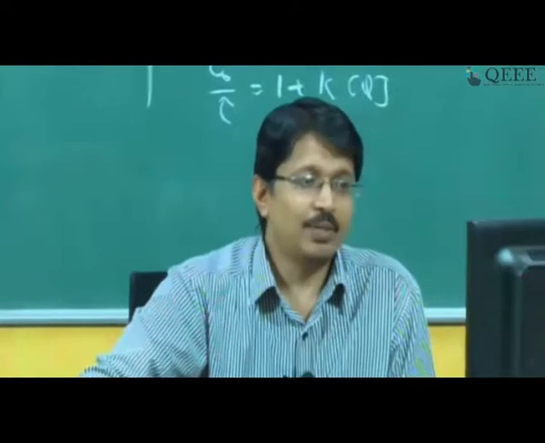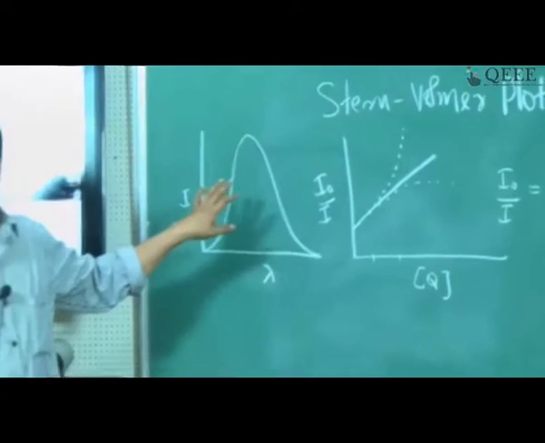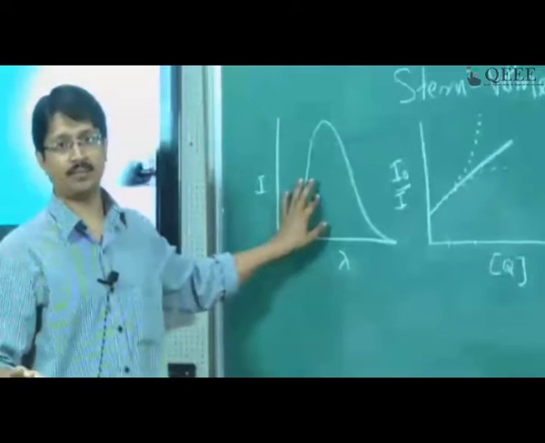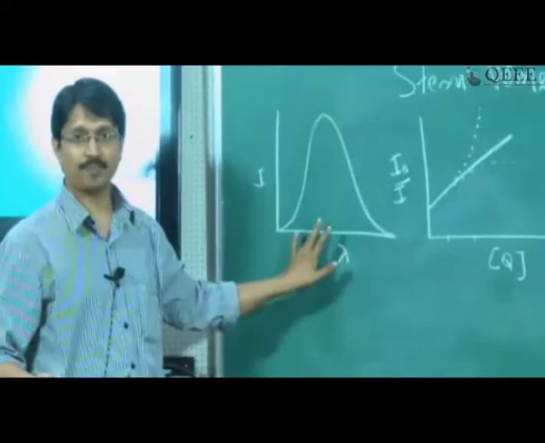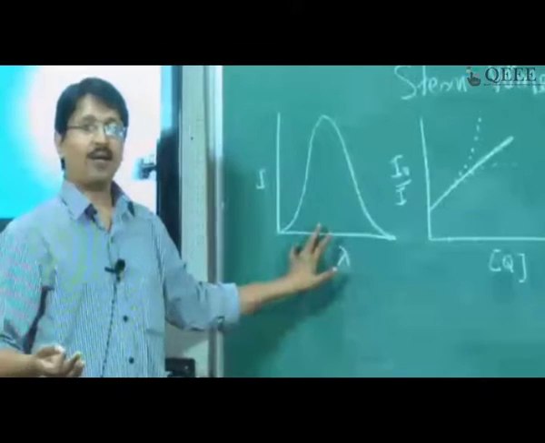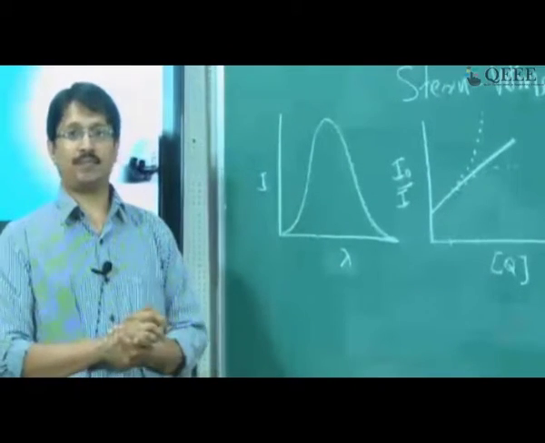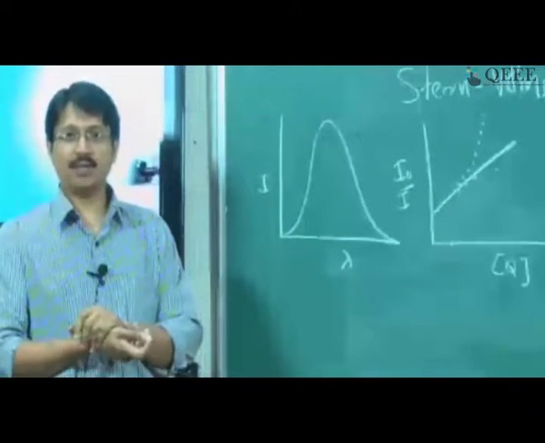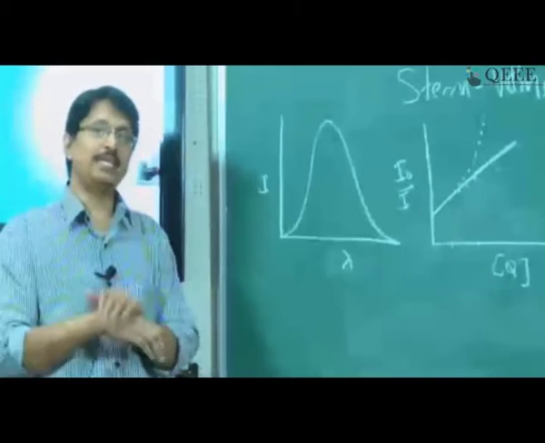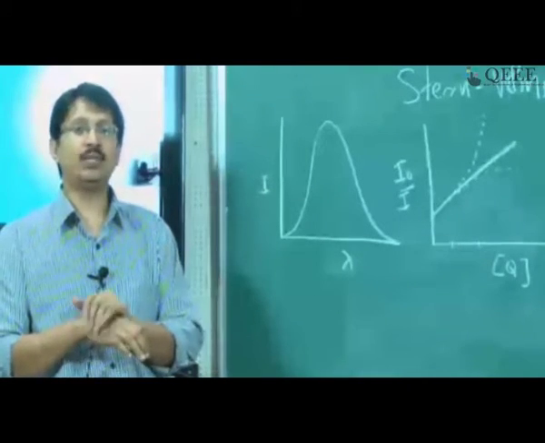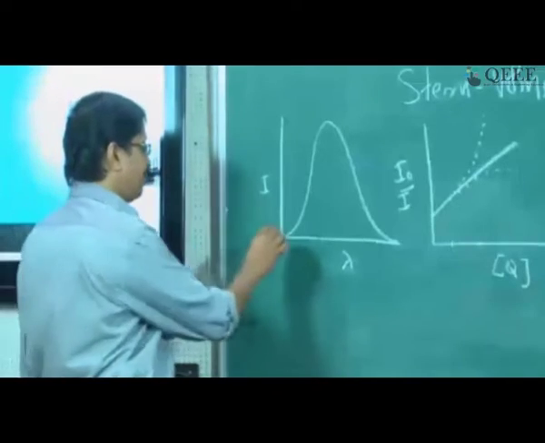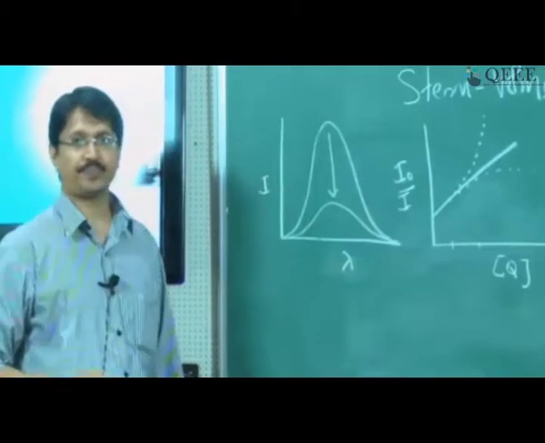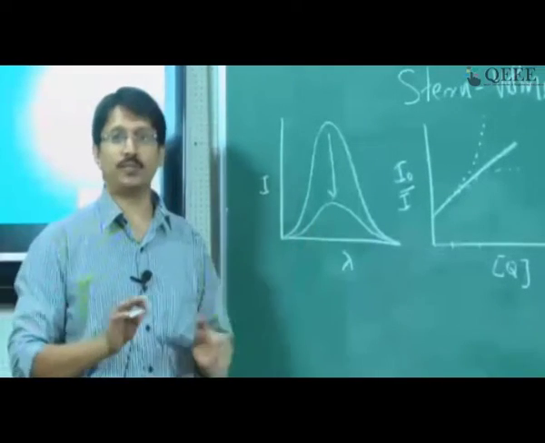Very good. Come to the board again. You have a fluorophore and it emits when you excite with light. Assume that this is your emission spectra. When you add another substance to this system, suppose you want to develop a sensor for any purpose, another species is getting added to this system, and if that results in a decrease in the emission intensity, this phenomenon is called quenching.